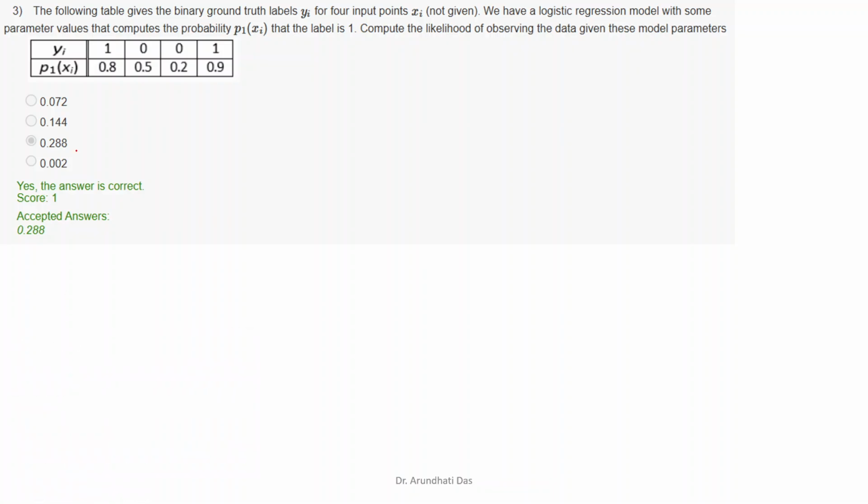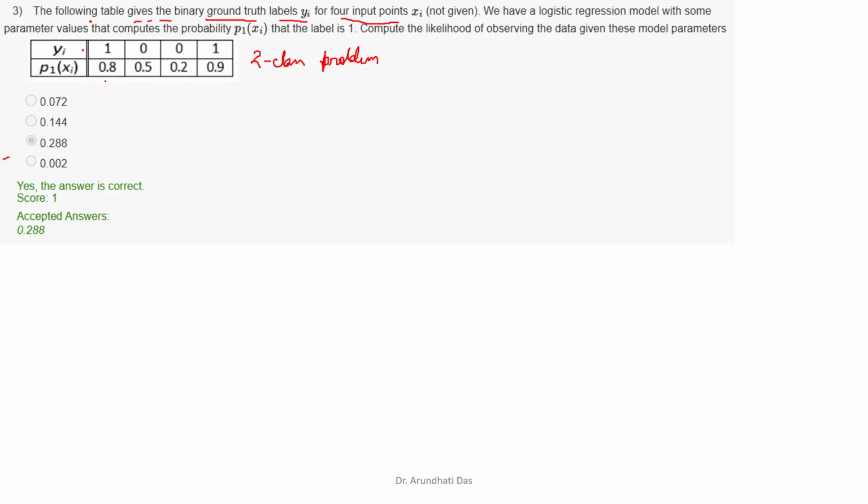What the problem says is, the given table gives the binary ground truth labels yi. So binary ground truth, 1 or 0. It's a two class problem, for 4 input points, that is xi.